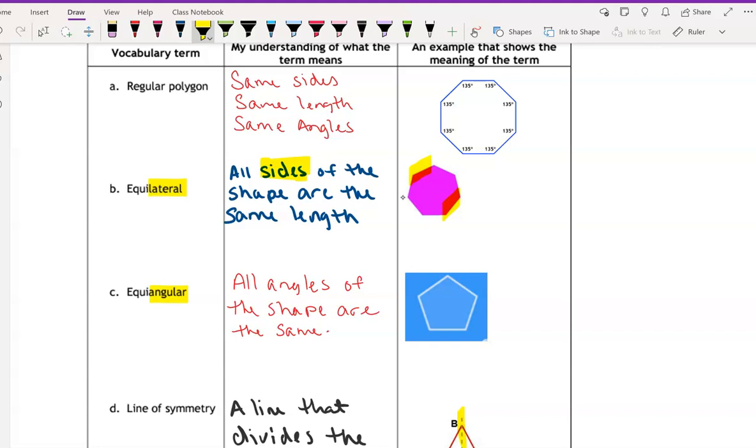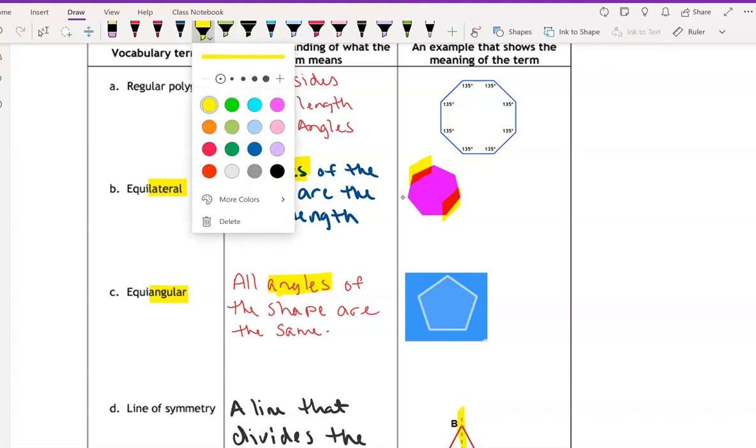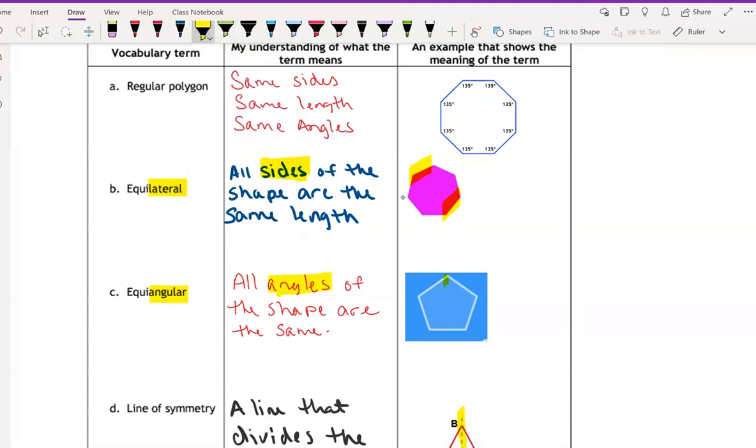Equiangular, all angles of the shape are the same. The key word is angles, meaning that everything inside this little angle here is the same degrees as this one, and this one, and this one, and this one. If one of them isn't, then it's not equiangular, meaning angles.